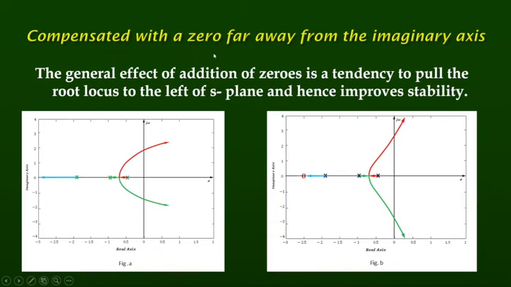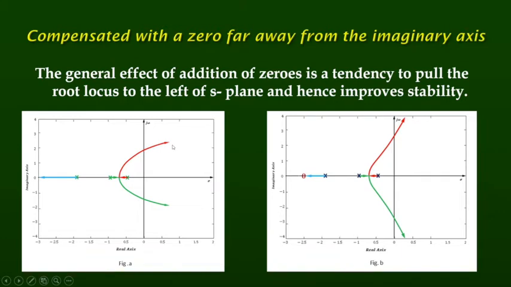Compensated with a zero far away from the imaginary axis. Now let us consider a three-pole system. The given system G(s) is stable for small values of k, but for large values of k, the system drives into unstable.